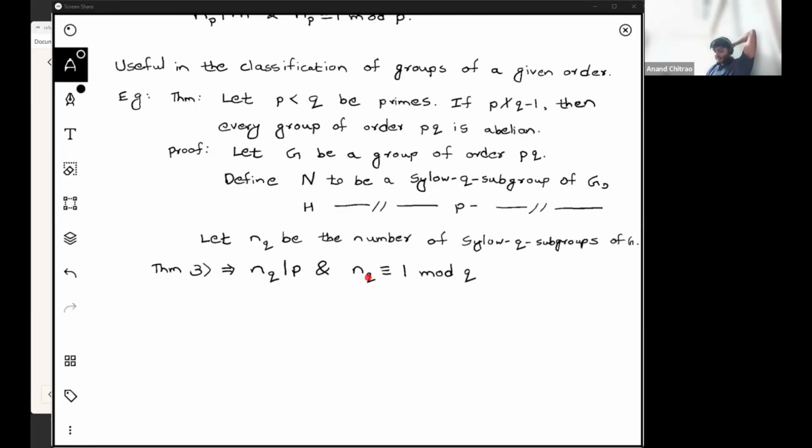So let's check if 1 or P satisfies this. 1 trivially satisfies this condition, but does P satisfy this condition?